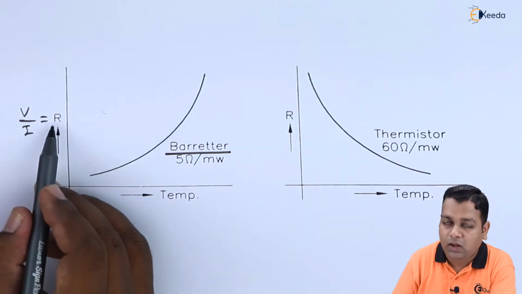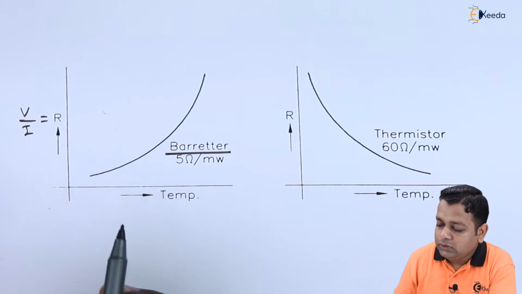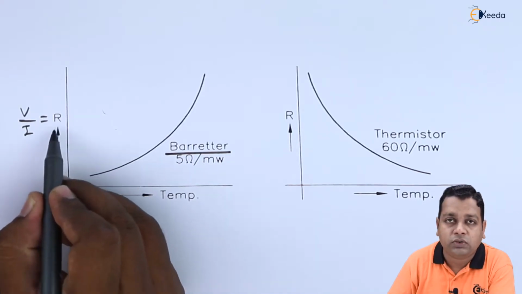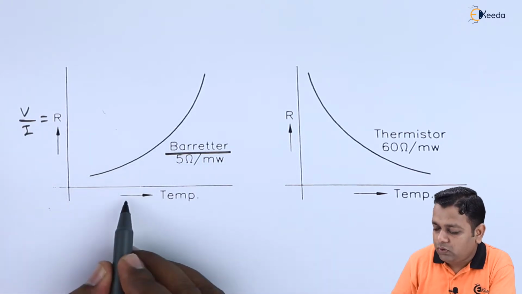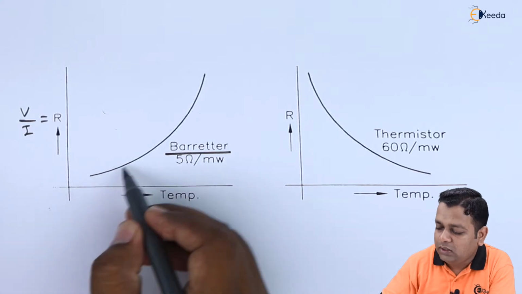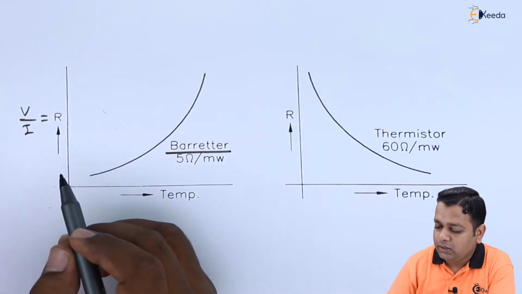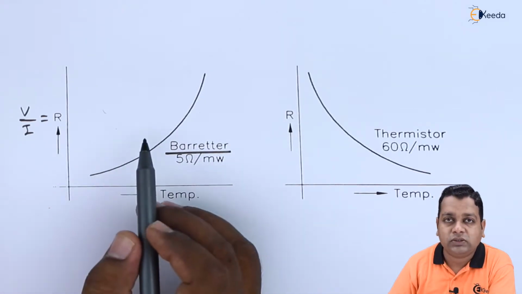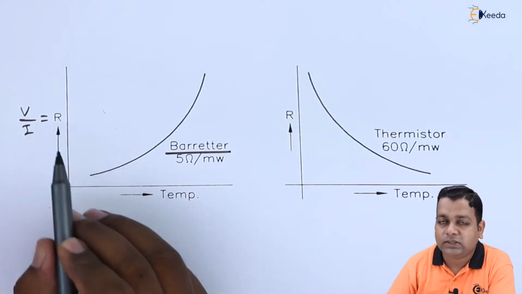So V = IR from Ohm's law. Here we see that if we have the increase in the resistance value corresponding to the increase in the temperature values, that time we get this kind of curvature. So there is a rise in the temperature as well as in the resistance value.